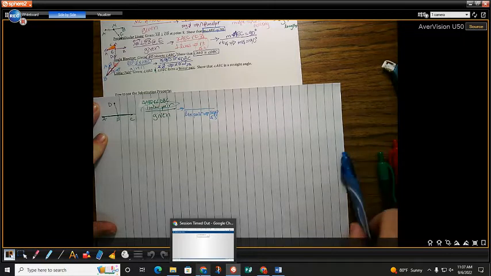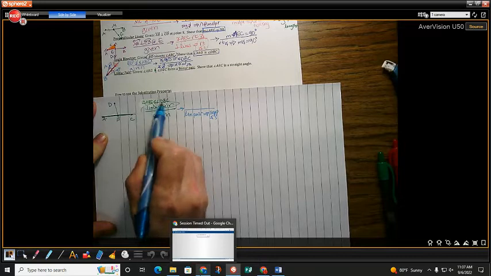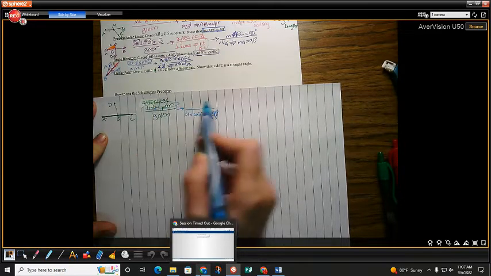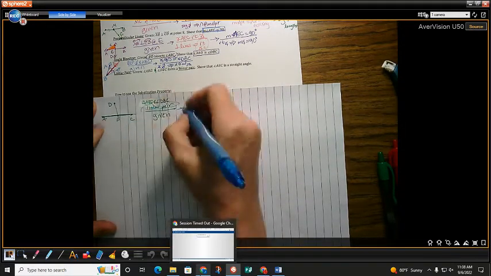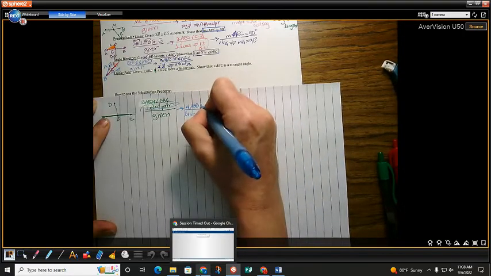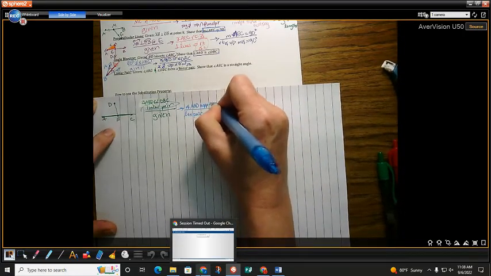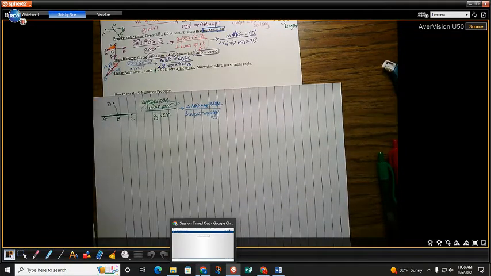Well, they told me that this was a linear pair, so what are going to be my two supplementary angles that I get from that linear pair? Angle ABD will be supplementary to angle DBC. Or you could say angle ABD and DBC are supplementary.